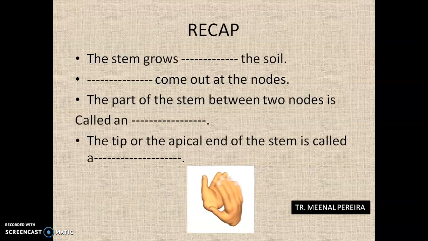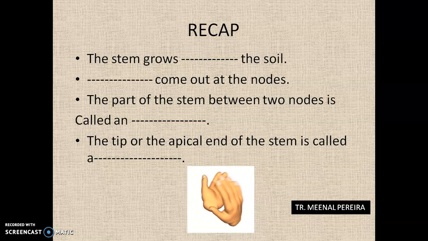Now this is a small module. Quickly we will recap. You are ready with the answers, I hope. The stem grows dash the soil. Where does it grow? It grows above the soil. Very good. Then what comes out at the nodes?